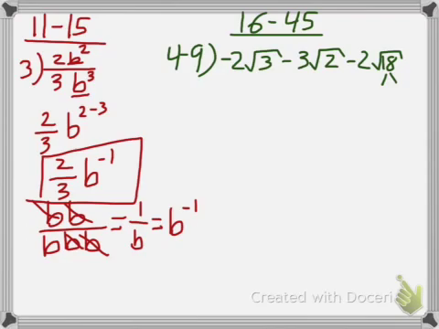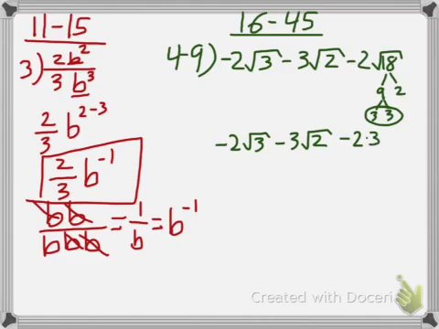Let's break up the 18 into 9 and 2, and then break up the 9 into 3 and 3. And then I circle the pair, and whatever I circle will come out of the square root. So let's rewrite this. So we have negative 2 square root 3 minus 3 square root 2 minus, and the 3 comes out, and I multiply it by the 2 times the 3 that came out, times the square root of 2, whatever was left inside. Well, excellent. Now I have like terms, so I can combine them together.